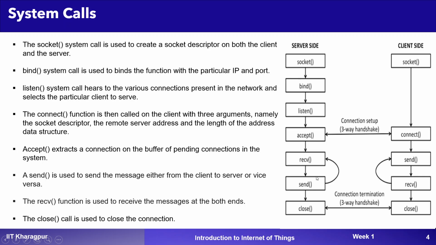After that, in order to send and receive messages, we are going to use send and receive call functions. And at the end, whenever this communication between a server and client takes place, we need to close the socket or close the connection which has been created. So these are the basic functions which we use in socket programming.